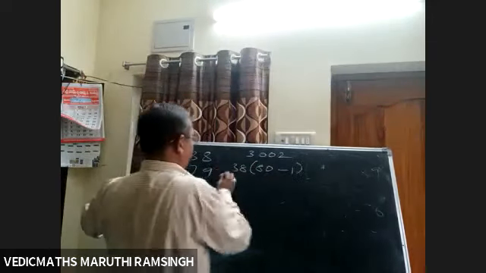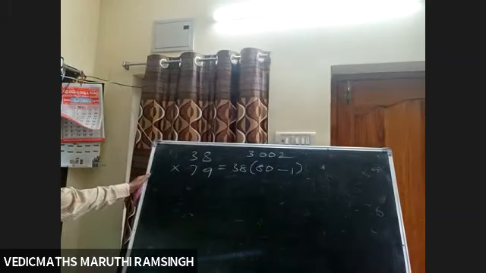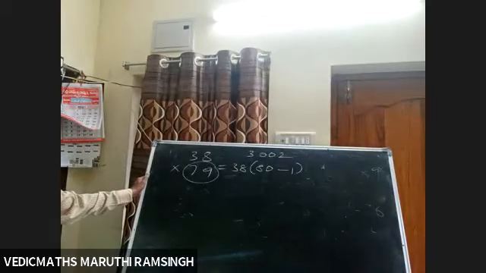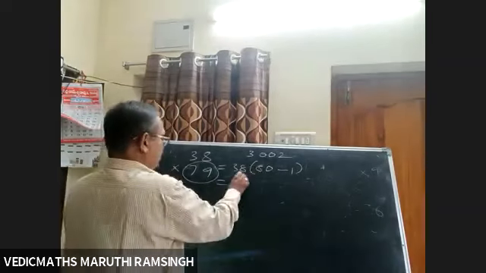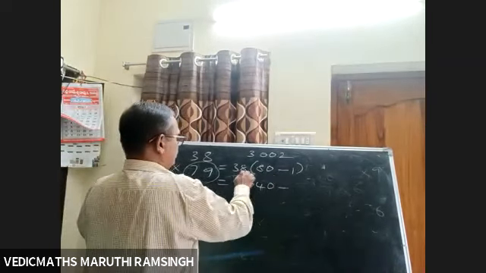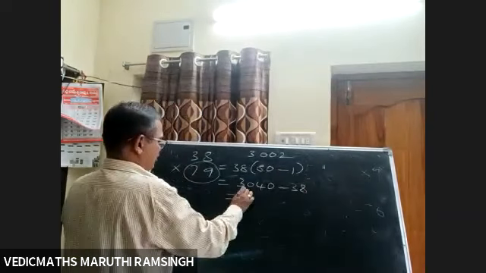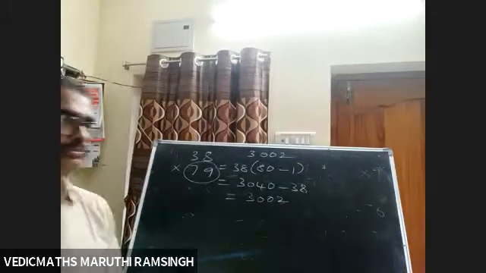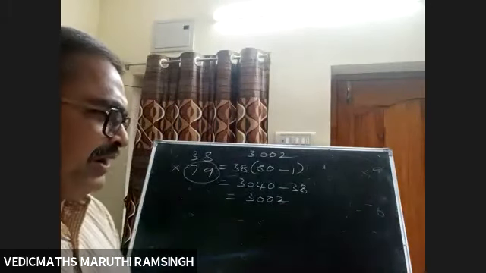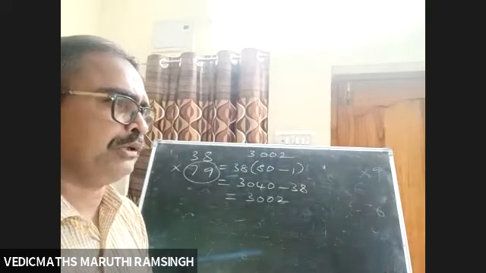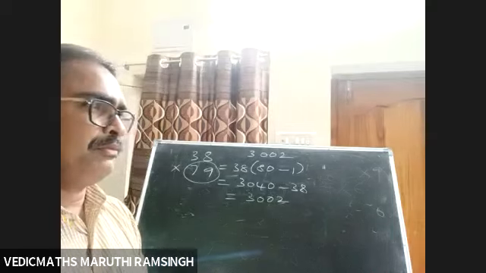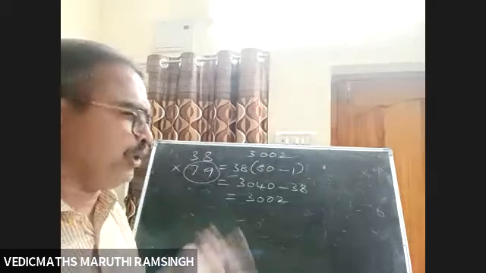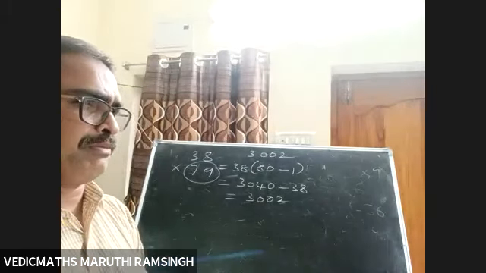This time I am writing 79 as 80 minus 1. 38 into 80, 3040. 38 into 1, 38. 3040 minus 38, 3002. Already I said, ma'am, I don't go in a particular direction. I don't have any particular idea. I move according to the situation. I multiply according to my mindset.